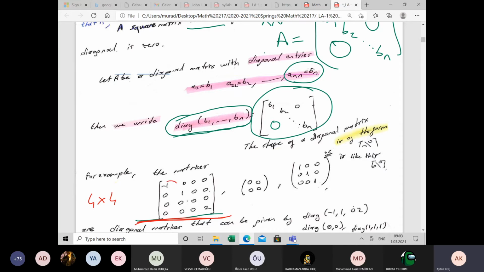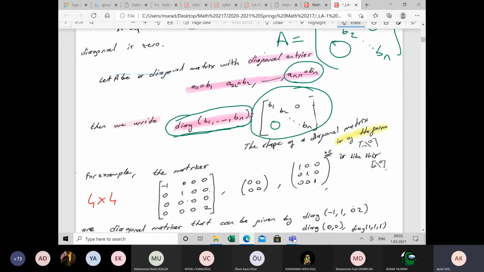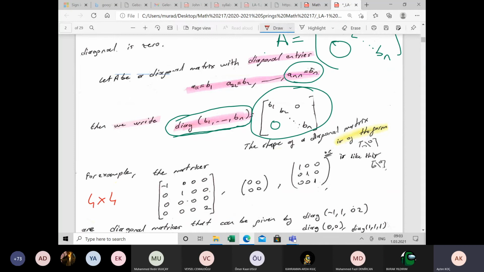What's the reason? These are the diagonal entries, and these parts are 0. Yes, this is a diagonal matrix, and it is denoted by this notation. We can write diagonal, and write the entries -1, -1, and 1.